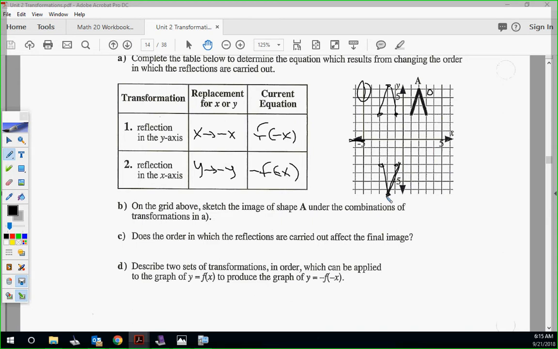On the grid above, sketch the image we just did. Does the order in which reflections are carried out affect the final image? It does not. So if you see negative f of negative x reflection, it doesn't matter which one you do first. You can do the x flip first, or the y reflection first, it doesn't matter. Describe the two sets that you can do.